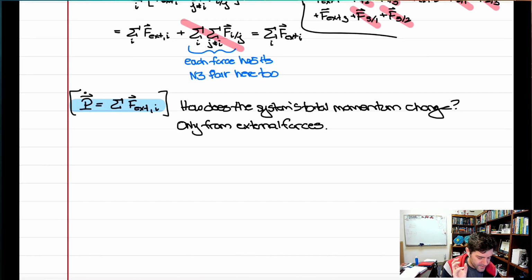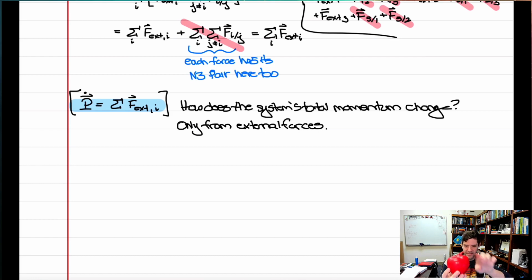There are no doubt internal interactions going on as well. But by Newton's third law, those are all canceling out overall in a way such that the total overall momentum does not change.